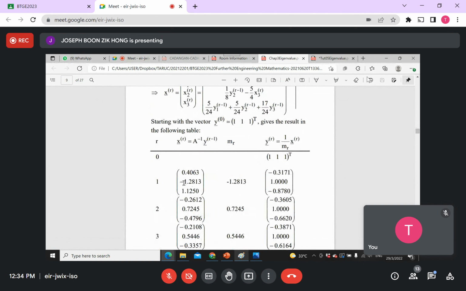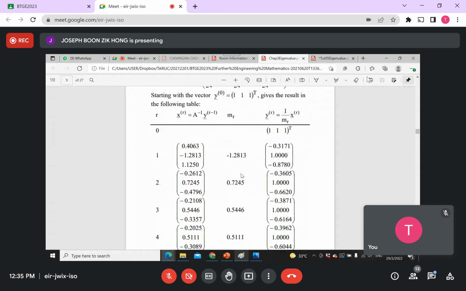Again, you take the biggest number. We don't care whether the biggest number is positive or negative. We just take the value which is the biggest. Everything divide by the biggest number. Again, you take this one times your A inverse, you get the new one.